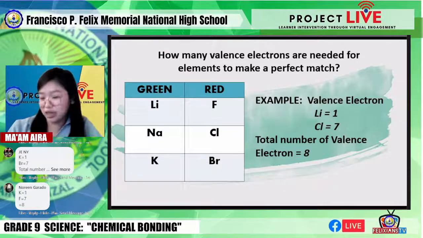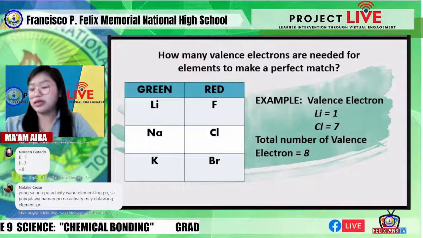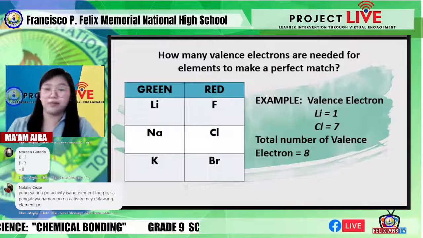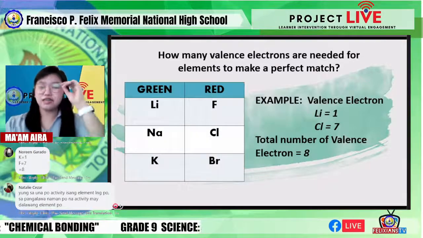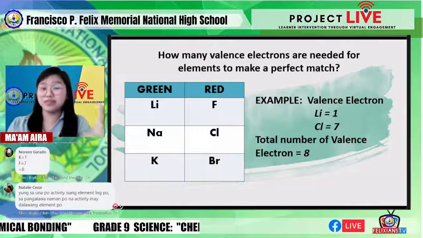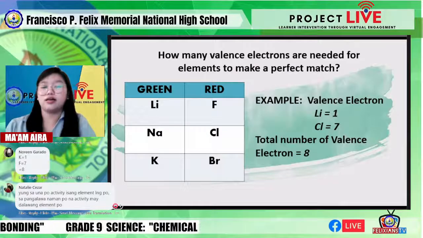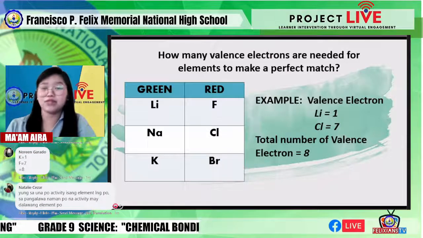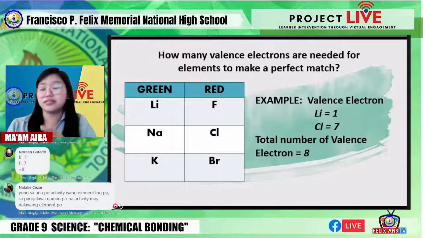Okay, so I see now answers from, again, Natalie Cesar. In the first activity, only one element. In the second activity, there are two elements. Okay, so you have the correct answer. In the first set of activity, what we showed there are elements that are said to be stable, as I said earlier, because they belong to the noble gas family with a valence electron of 8, which means they are following the octet rule and they are stable.